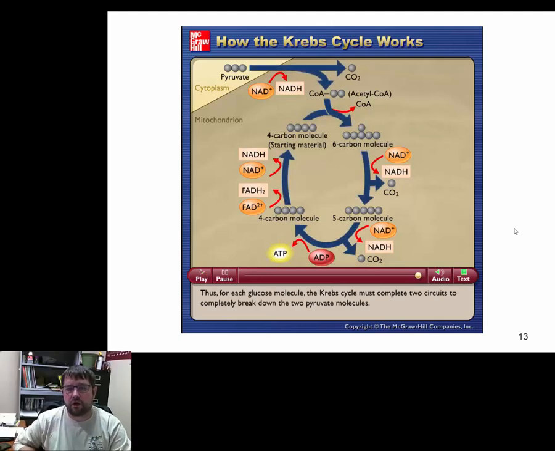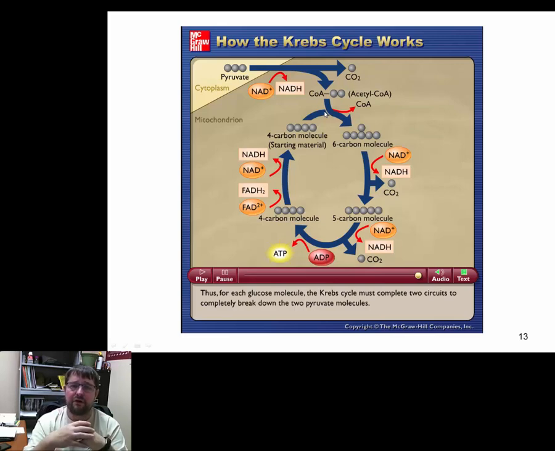Okay, so I want to make sure that you're understanding that this is not just hypothetically happening in solution in the mitochondria. Remember that each one of these steps involves at least one enzyme. Remember, acetyl-CoA is going to be able to fit into the active site of a certain enzyme. That enzyme is going to change its shape.